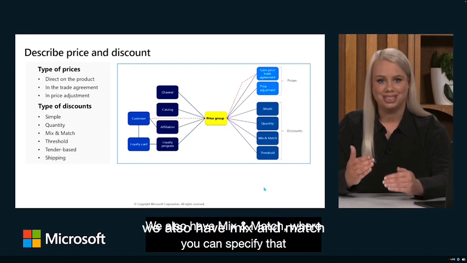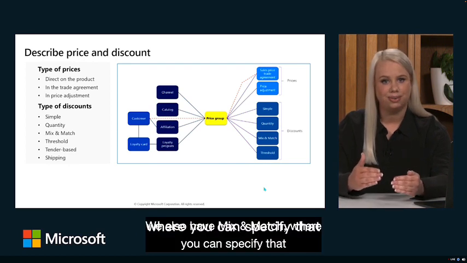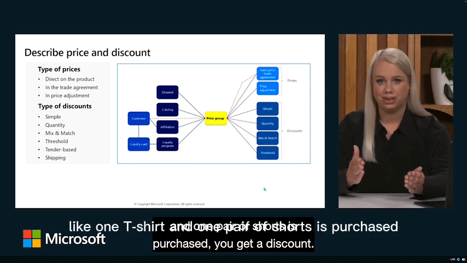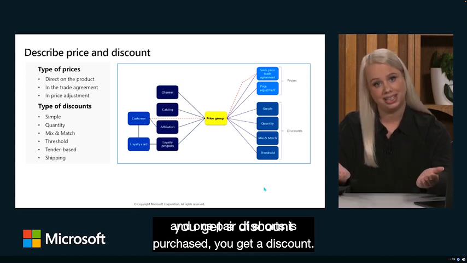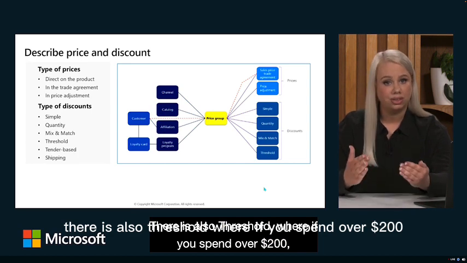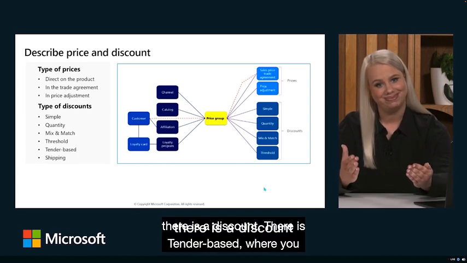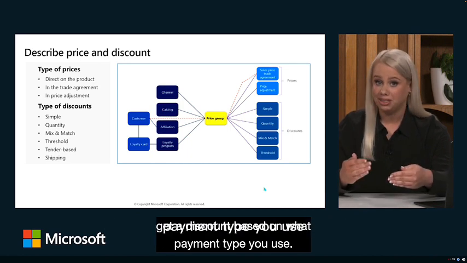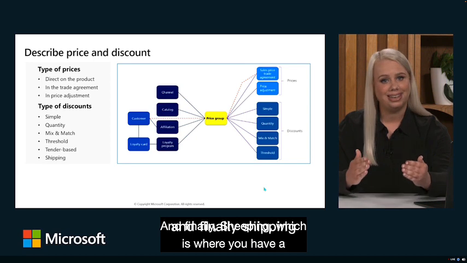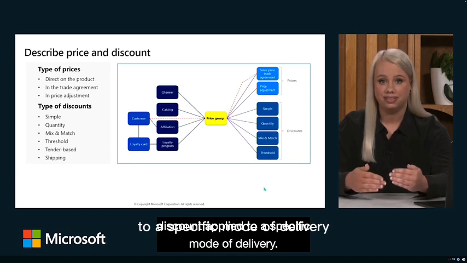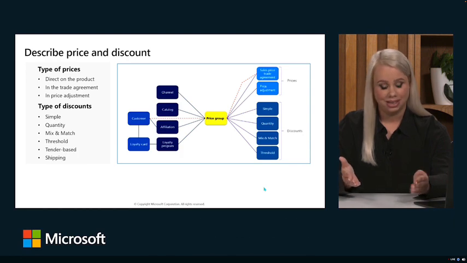We also have mix and match, where you can specify that when a specific combination of items like 1 t-shirt and 1 pair of shorts is purchased, you get a discount. There is also threshold, where if you spend over $200, there is a discount. There is tender-based, where you get a discount based on what payment type you use. And finally, shipping, which is where you have a discount applied to a specific mode of delivery.